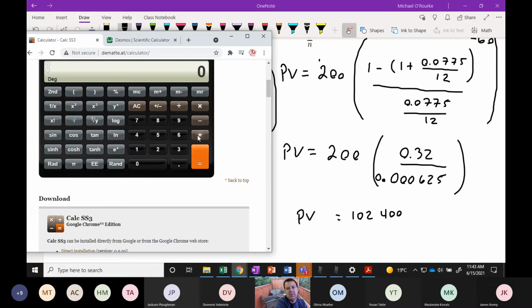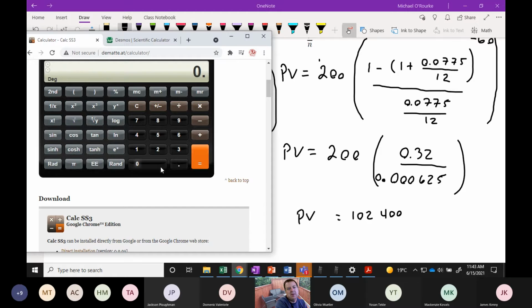Yeah, I lost a decimal place somewhere along those lines. 0.0775 divided by 12 plus 1 to the power of negative. Okay. Then I'm just going to go minus 1, knowing that this should be positive, so 0.32.